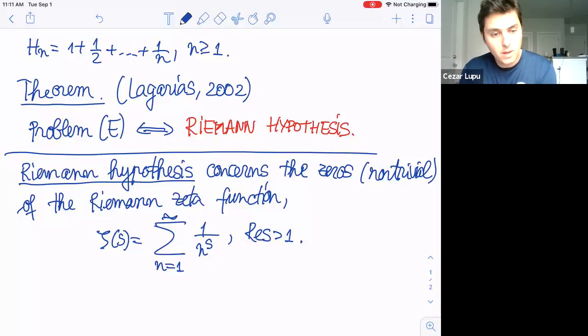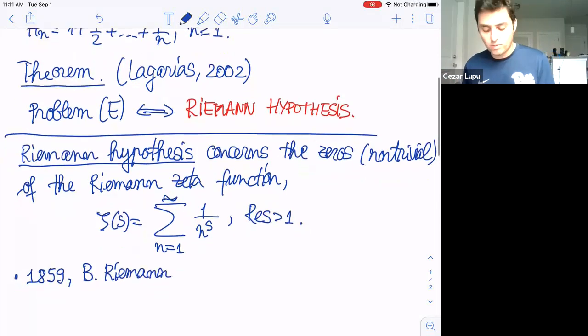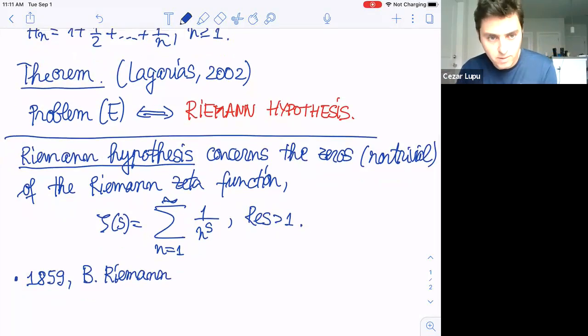Then Riemann, in 1859, in what I would say, without any exaggeration, is one of the most important papers ever written in mathematics, and I stick to my statement, considered this function, and proved many things.